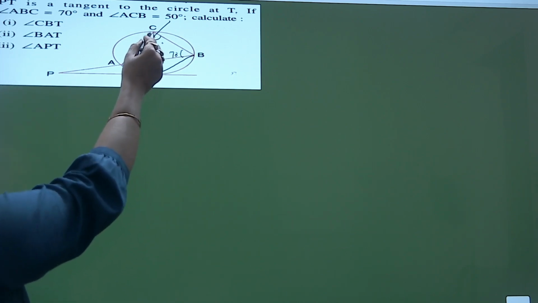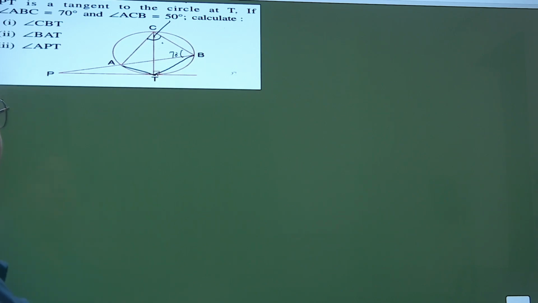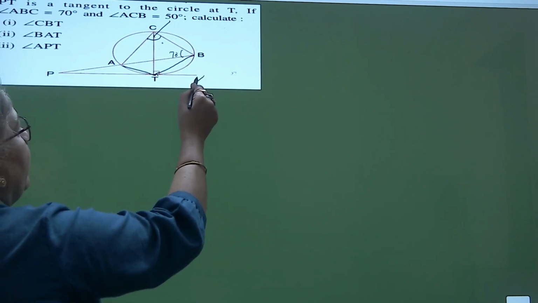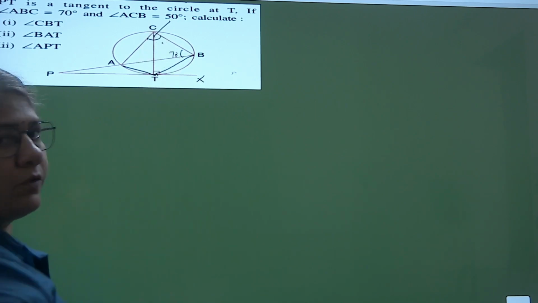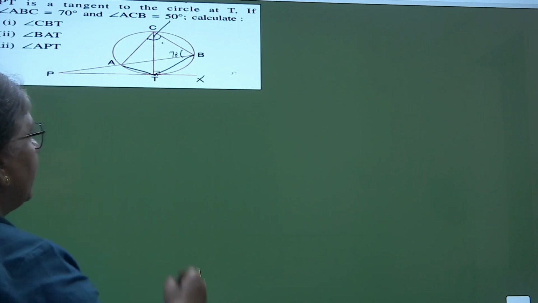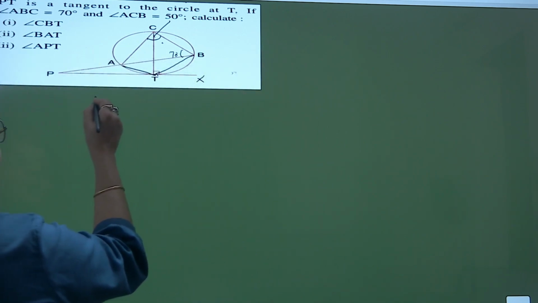So here we see that this CT is perpendicular to the tangent. Let's put it X, PX. That is, CT is the diameter of the circle. So we can write, CT is the diameter of the circle.